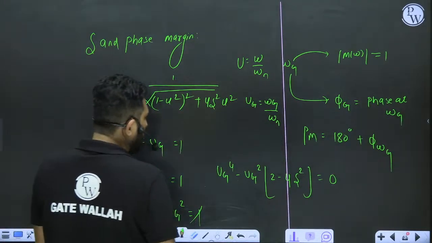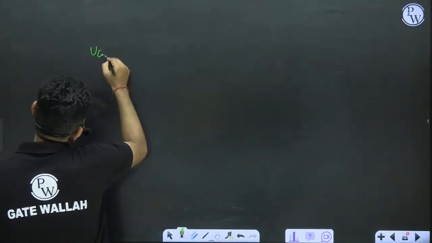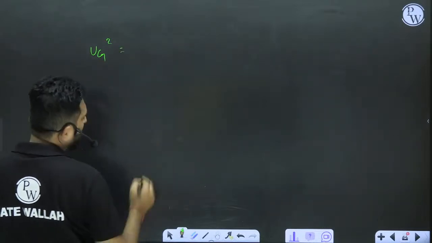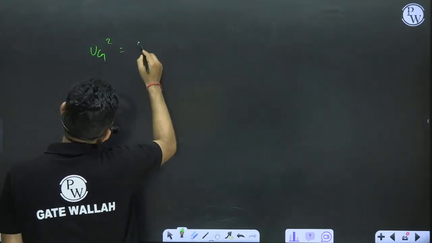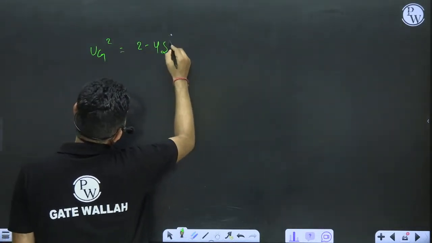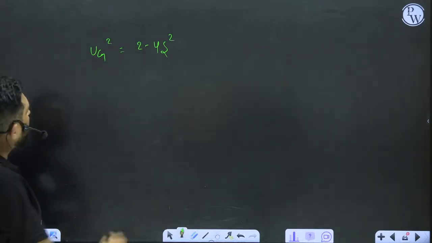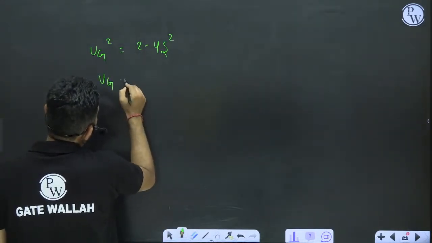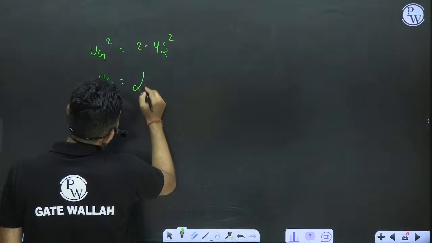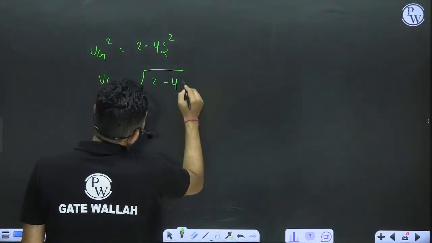So this means ug square is equal to 2 minus 4 zeta square, and hence ug is root of 2 minus 4 zeta square.